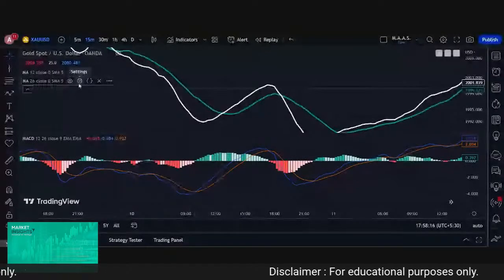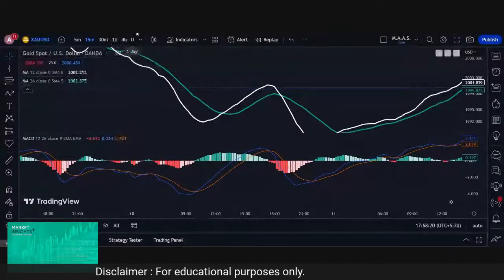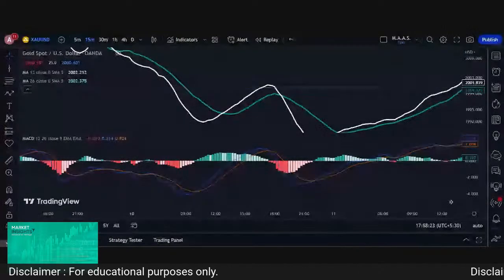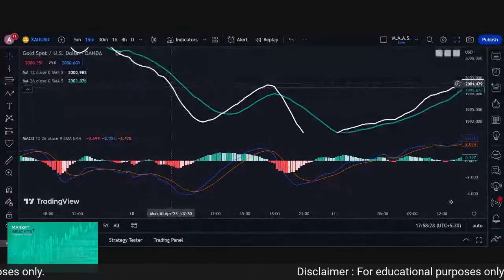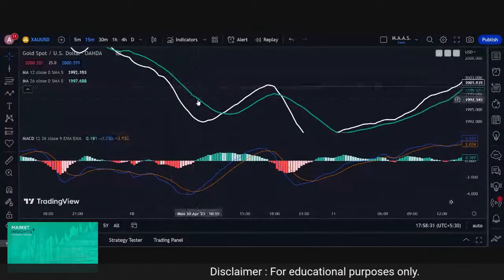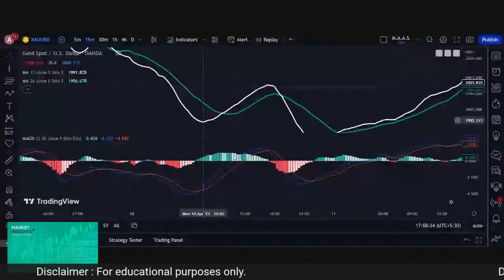Why is it faster? Because it captures lesser data, which means that it goes on faster. It gives us a quicker number. That is why it is called a faster EMA, or moving average.